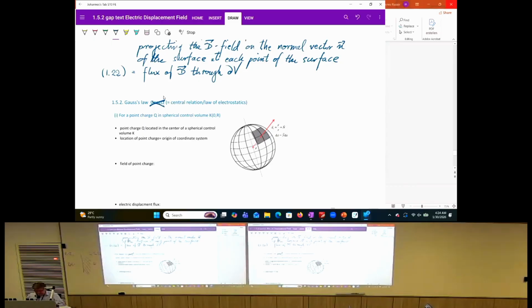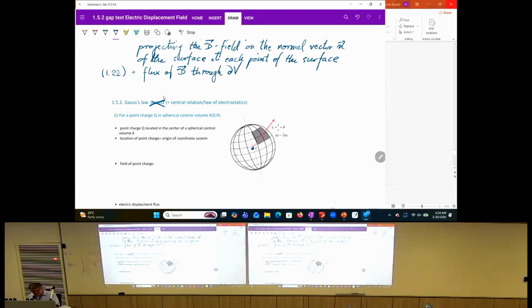So we have a point charge Q in a spherical control volume, and that we see here, this spherical control volume. You see the sphere here.